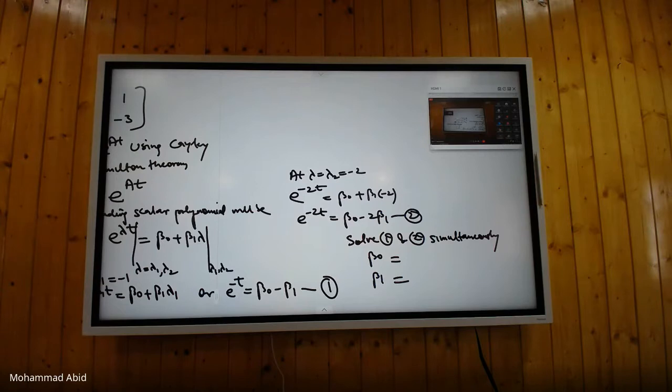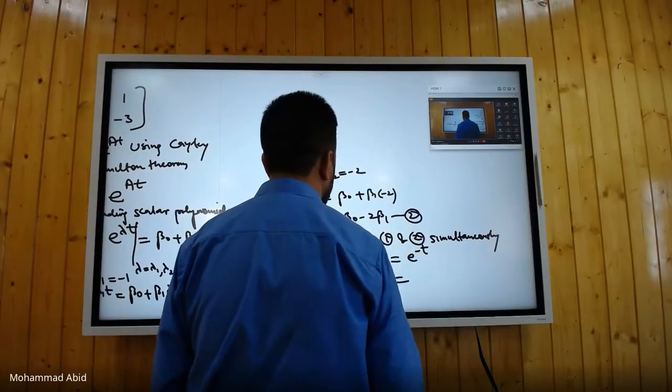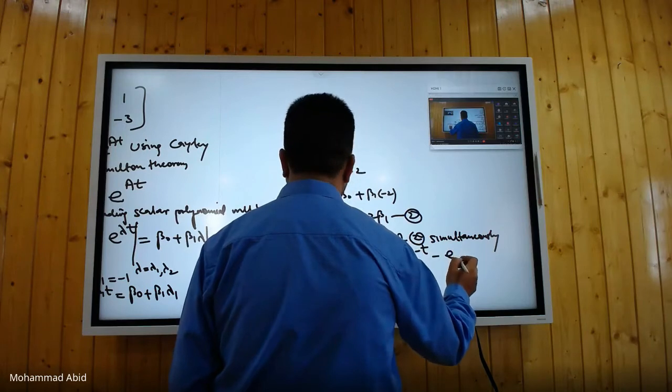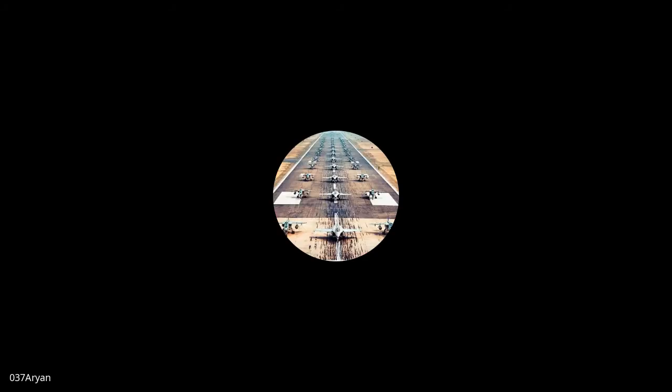So beta 1 is e to the power minus t minus e to the power minus 2t. What was beta naught? Beta naught is 2 e to the power minus t minus e to the power minus 2t.